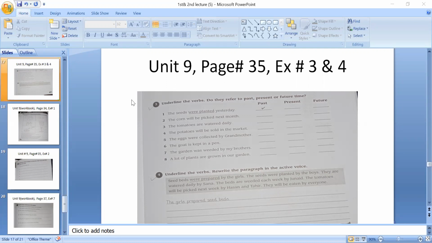Now I will be asking Marriage. Marriage, your camera should be on. Okay, a lot of plants are grown in our garden. Marriage, beta, your camera is not on. Please turn on your camera.